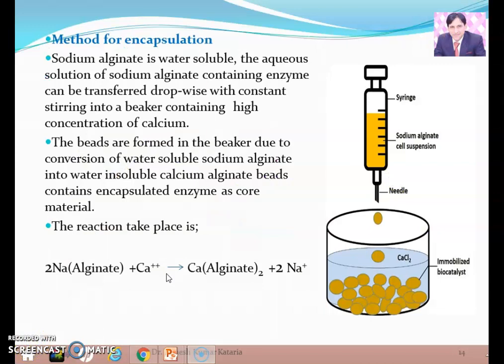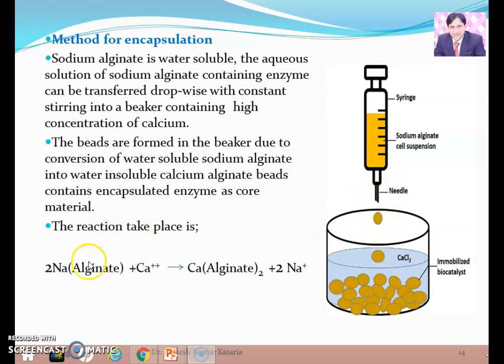Methods of encapsulation: how it is encapsulated. First we prepare a sodium alginate aqueous solution, most of the time 3%. The enzyme is dispersed into this, and drop wise with the help of a needle this sodium alginate suspension is transferred into a beaker containing a high concentration of calcium, where it is simultaneously shaken.